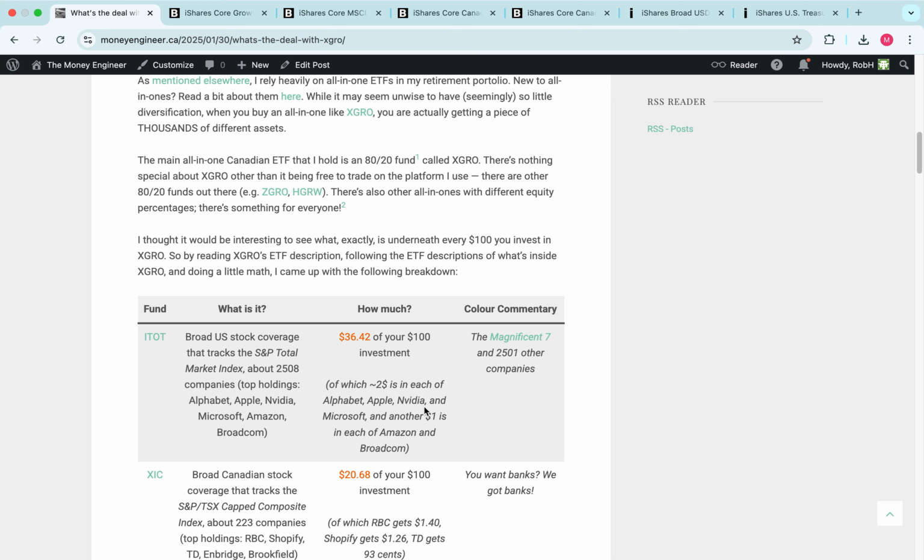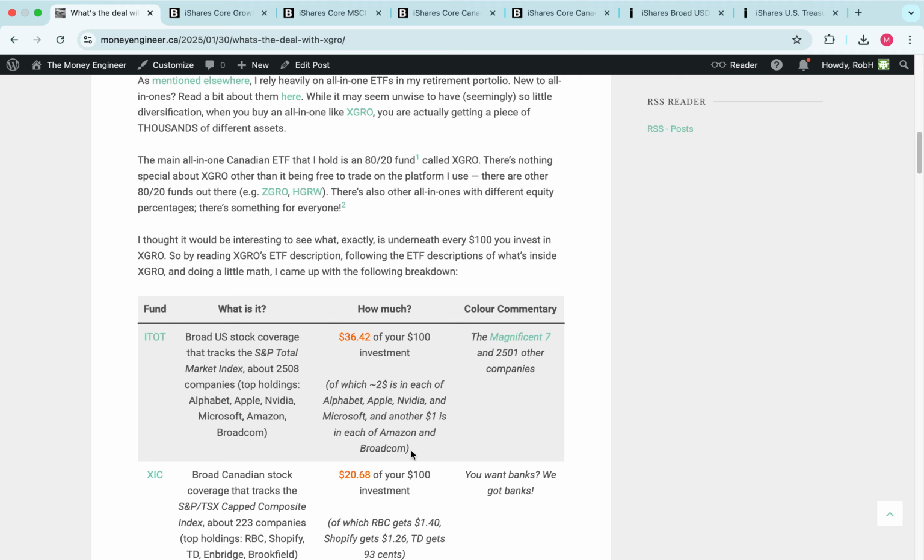I recently updated this page. The previous update was in January, and it's pretty much the same. What's changed a little bit, Broadcom has replaced Meta in the list here. Meta is just below the line here. They're the next one up, around 75 cents, I think.